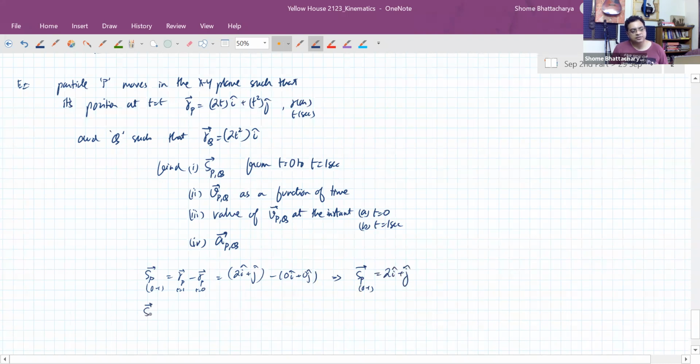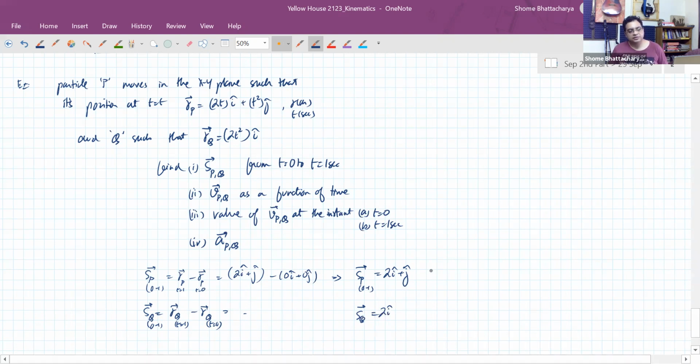Similarly, if you look at the displacement of Q from 0 to 1, it is the position of Q at t equal to 1 minus the position of Q at t equal to 0. If you do this, you'll get the displacement of Q to be just 2 i cap. Okay.